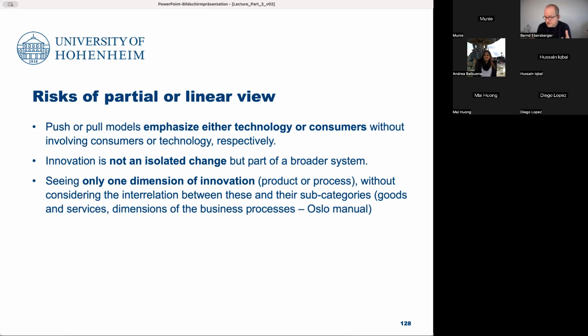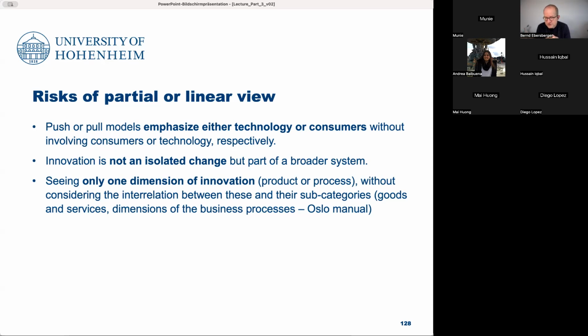So also here we would say maybe it's not only the partial view that is helping us, it's not the either or, but it's the together. In some instances, it's a little bit more technology than markets. In other instances, it's more markets, more consumers than technology.